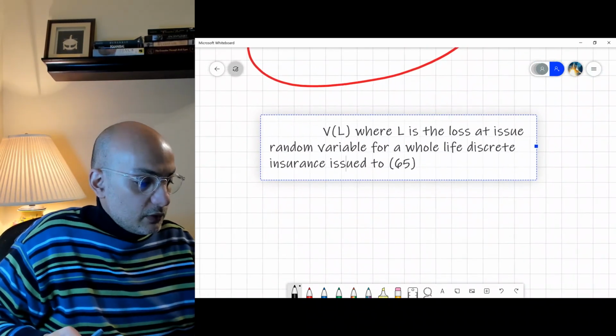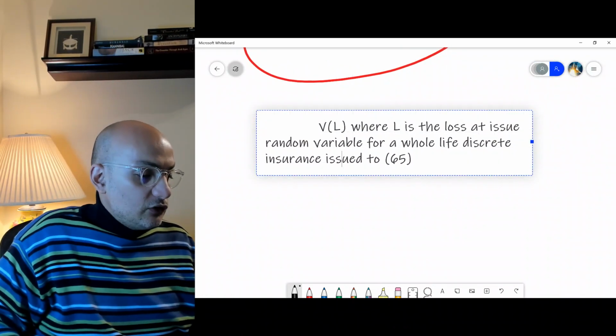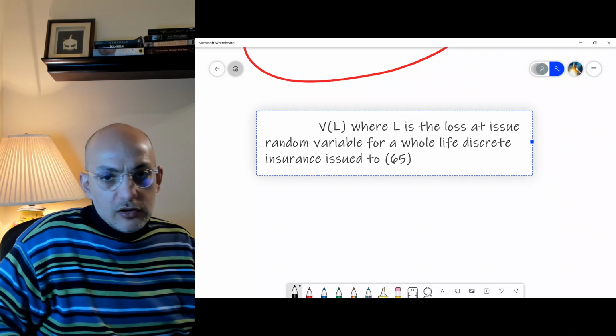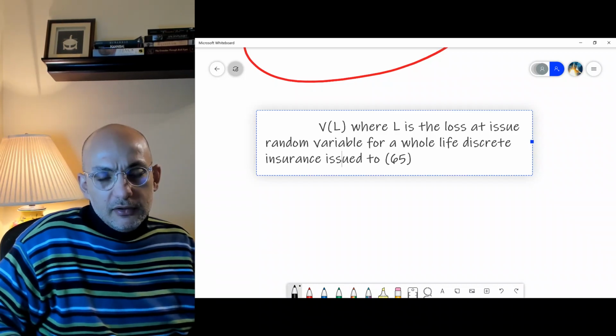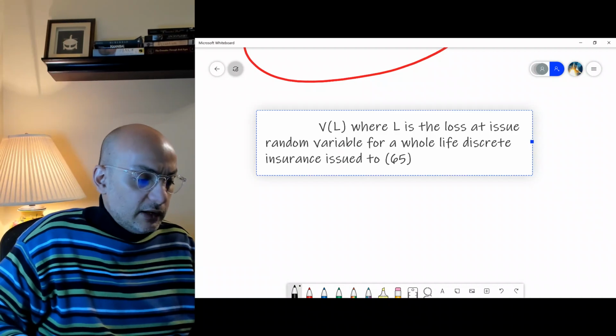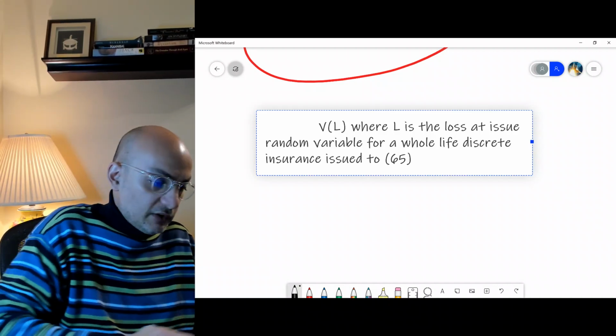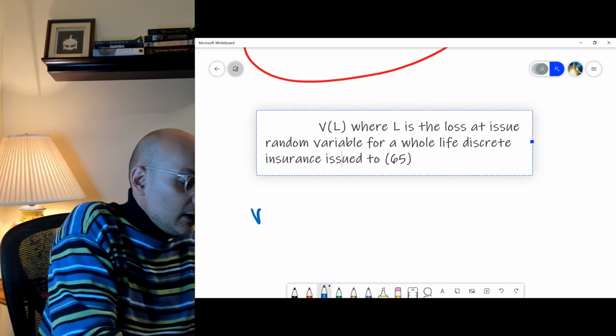Now they have a question here that we need to find. L is the loss at issue random variable. The expected value of L is 0, but we need the variance of L for life age 65.